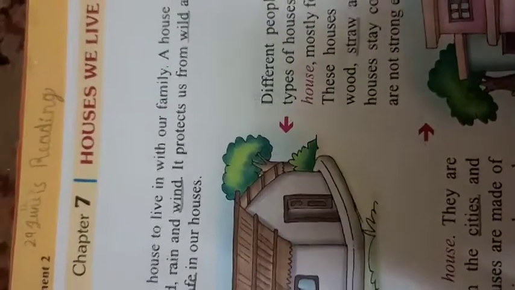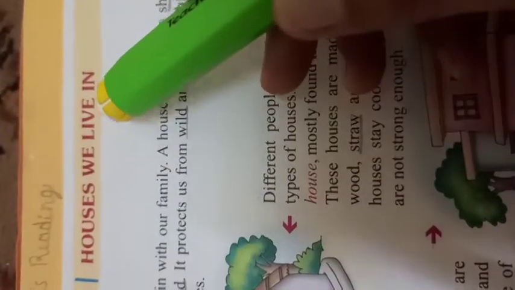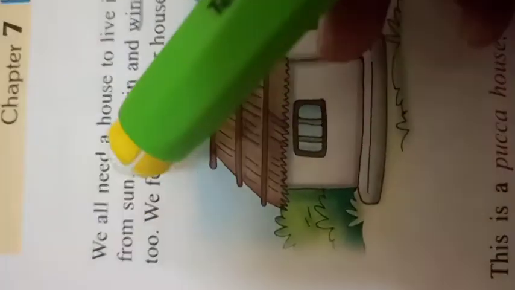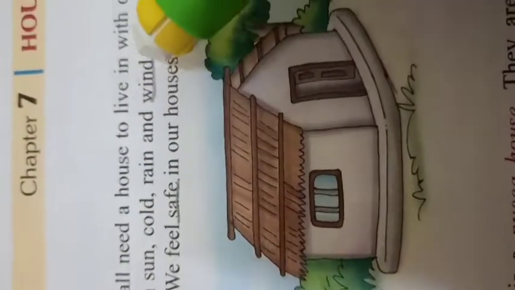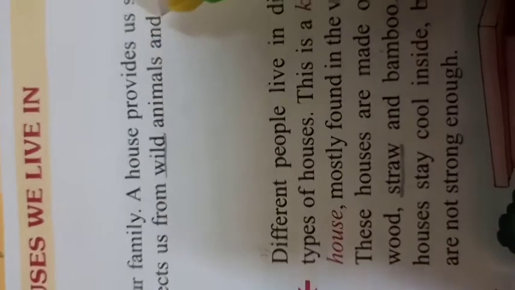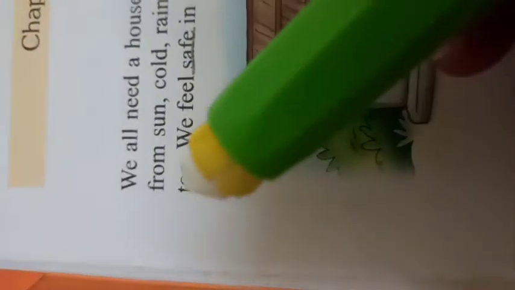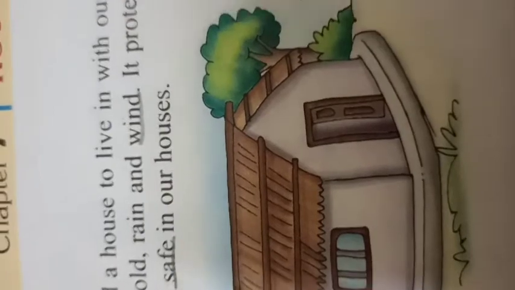Now children, see, chapter number 7 is Houses We Live In. So let's read. We all need a house to live in with our family. A house provides us shelter from sun, cold, rain and wind.